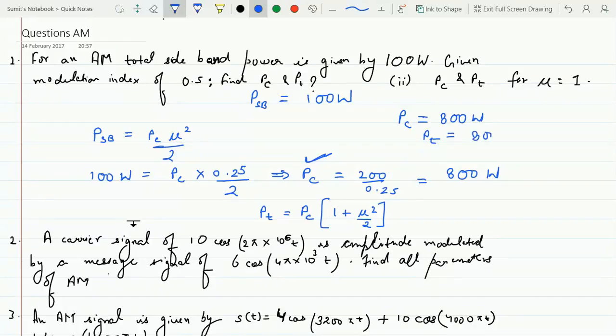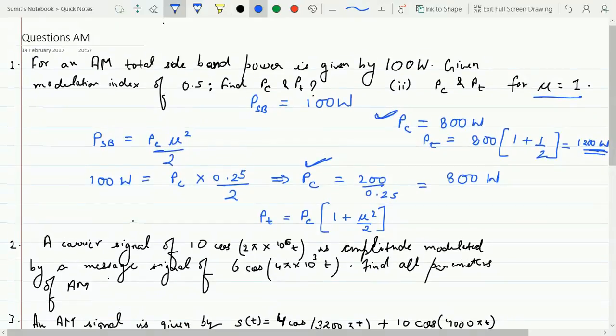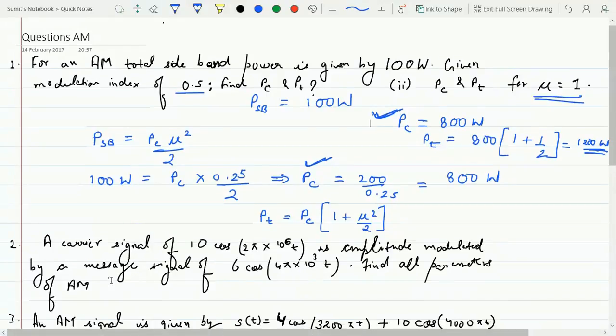It would be 800 times 1 plus mu square by 2, so 1 plus 1 by 2, that is 3 by 2 into 800, which becomes 1200 watt. So this would be your answer. Just emphasizing the fact that PC does not depend on the modulation index. Whether it was 0.5 or 1 or any other value, it will always be the same. So this was question 1.